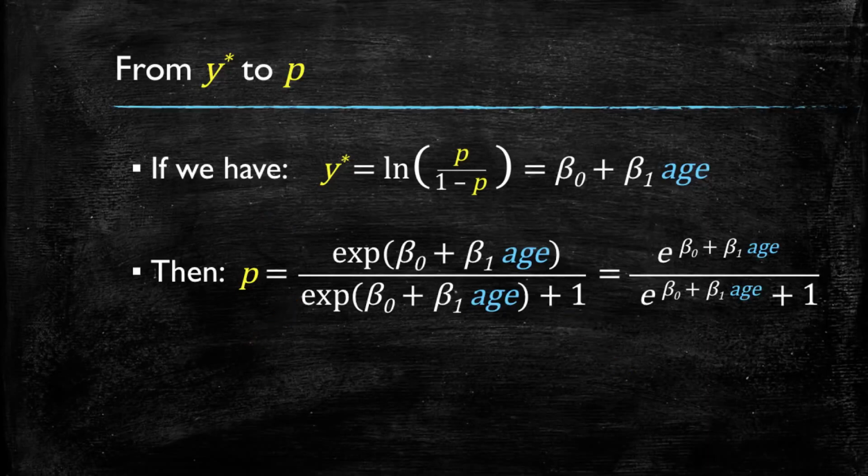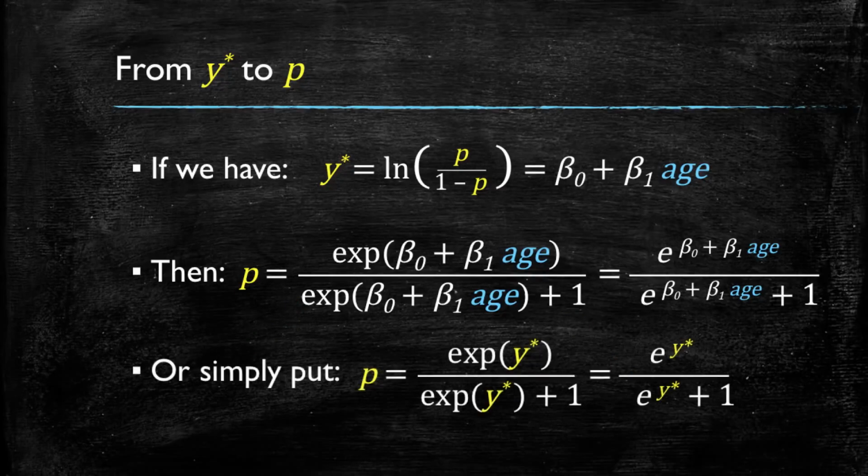Or simply put, since that expression is equal to y star, we can say that p, or the probability, is the exponent of y star divided by the exponent of y star plus 1. It looks complex if you look at it on the big picture, but if you take it step by step, it is very simple.